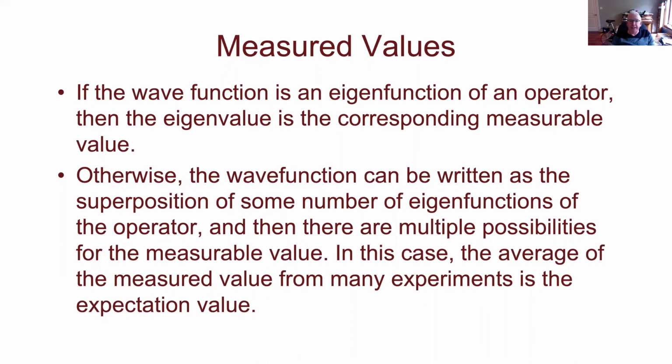But what I get when I find the expectation value is the average value of lots of measurements of that quantity. Okay, this is still useful, because if I think this is the wave function for this particular system, and I have a way to experimentally measure a property, I can see if the average of those values gives me the correct answer. And then I can become more confident that the wave function I've got is in fact telling me about the system that I'm trying to look at.